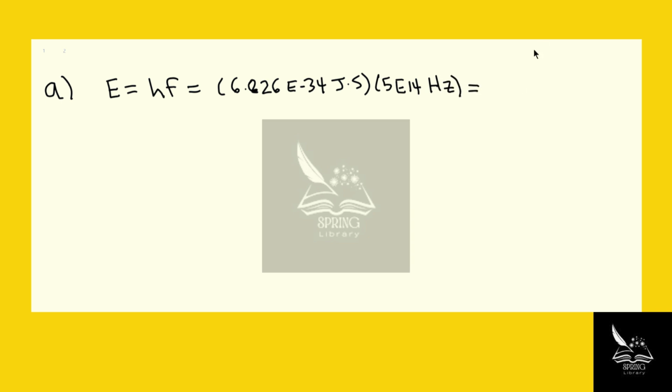And this results in an energy per photon of 3.13 times 10 to the negative 19 joules. Perhaps it would be more appropriate to use electron volts, since these are extremely small energies. But since we're going to immediately use this result not in electron volts, we're not going to convert it.